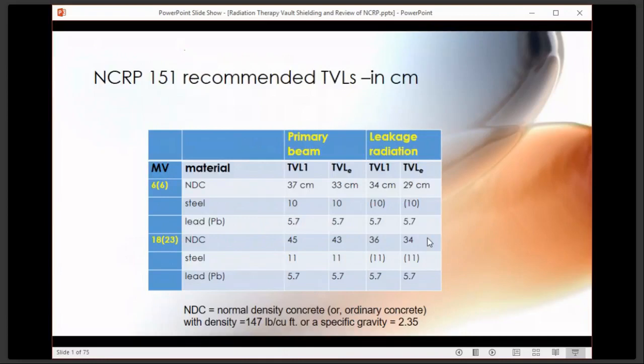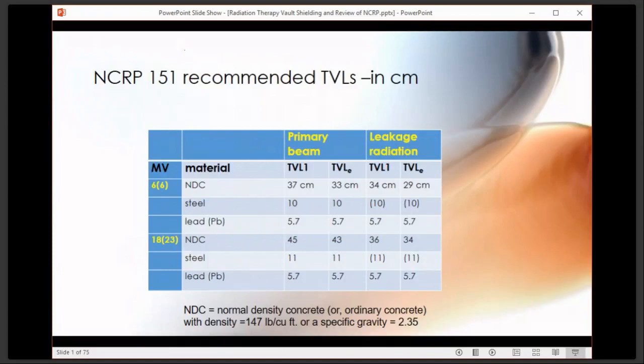Okay. Also, I'll be referring to normal density concrete. I didn't explain that, but normal density concrete is what's called ordinary concrete, and has a density of 147 pounds per cubic foot or a specific gravity of 2.35. Anything heavier than that is usually referred to as high-density concrete.